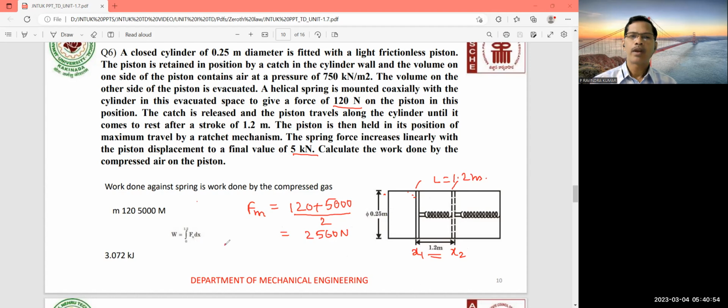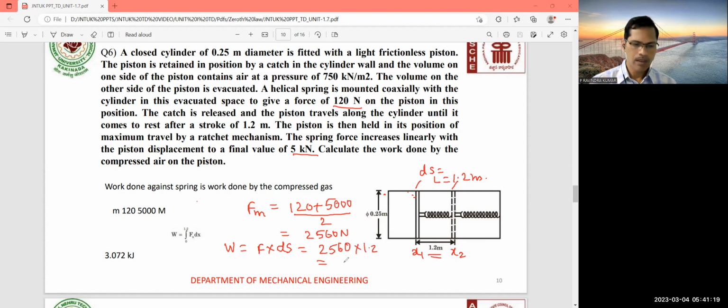What is the work done? The work done is equal to the mean force into the change in displacement, ds, where ds is equal to L, that is 1.2. So it is 2560 into 1.2.